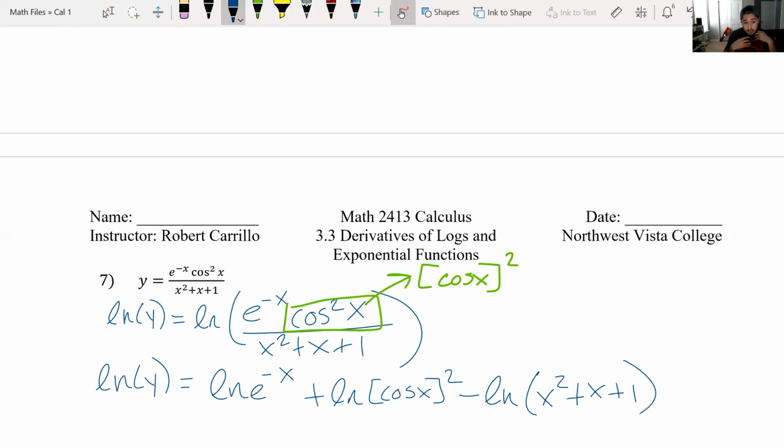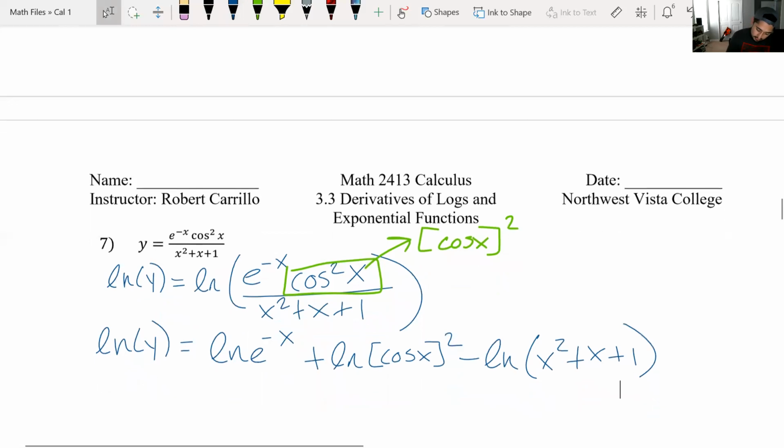Okay. So cleanup time. The only thing we can do here, bring down this negative x, bring down this 2. On the last term, there's nothing we can do there. You leave it as it is. Okay.